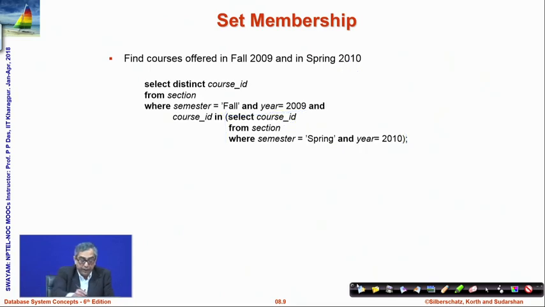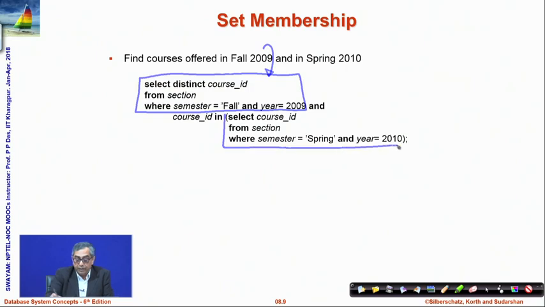So, what do we have? If you look at this part, courses that happened in fall 2009. If you look at this part, courses that happened in spring 2010. Good. Now, what do I want? I am interested in the courses that happen in both.